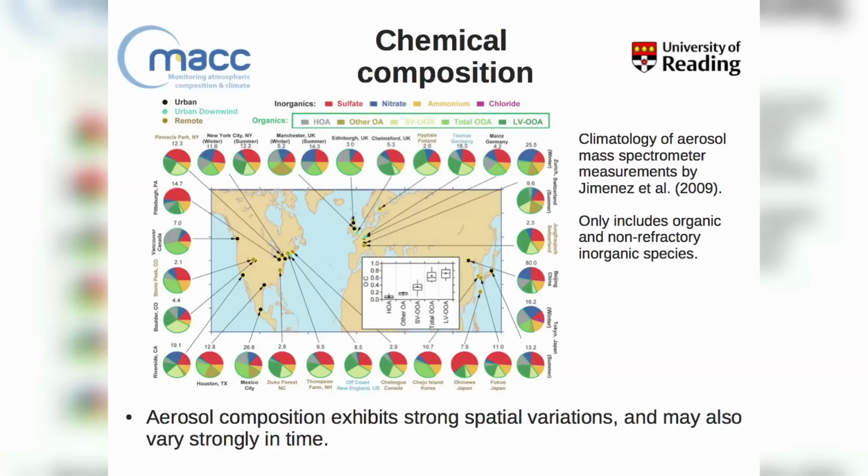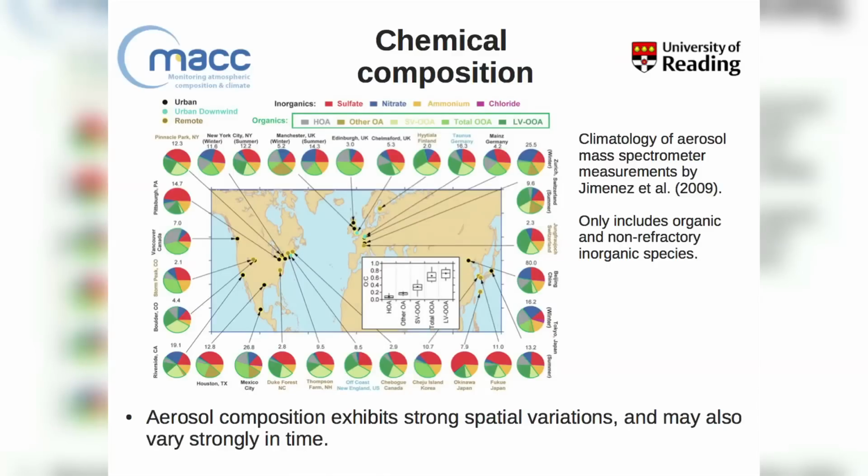For each measurement, they summarize the aerosol composition. In red, you've got sulfate aerosols, in blue, nitrate, and then moving on to organics in the different shades of green. And you see that depending on the location, one chemical composition will dominate typically over the others, but in most locations, it's very much a complex mixture of different aerosol species.